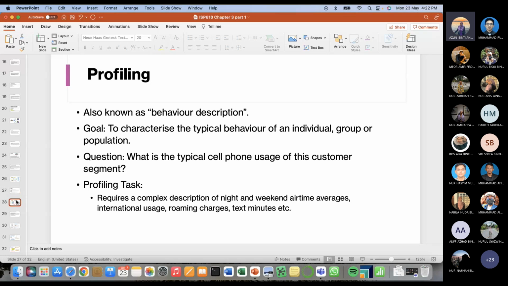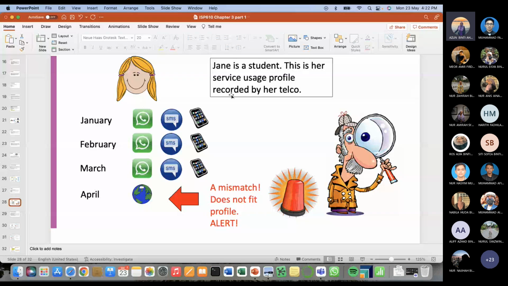So for example here, we have Jane is a student. So this is the usage of Jane's profile recorded by the telecom company. Let's say for January, February, March, dia banyak guna on WhatsApp, on SMS, on the calls. Okay, but suddenly dia banyak on surfing on April.